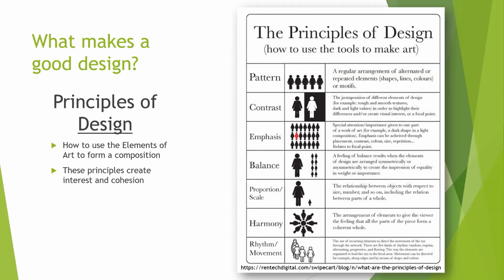I personally really love to use contrast, especially with texture. So if you have a large leaf, put it right next to a plant that has really small leaves, and your eyes are attracted to that difference. Okay. Emphasis can be done very well with contrasting colors.